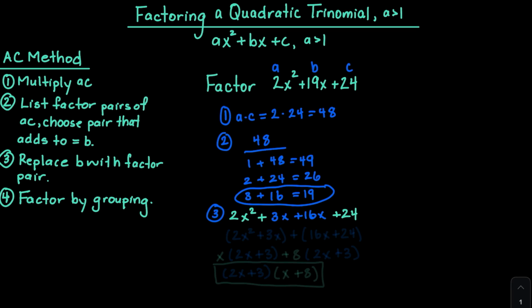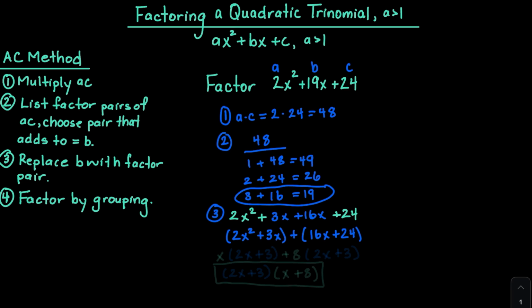Step 4 says factor by grouping. So we know that means we group together the first 2 terms and we group together the last 2 terms. Then we factor out the GCF from each grouping.